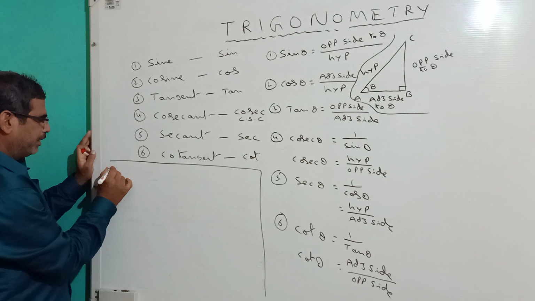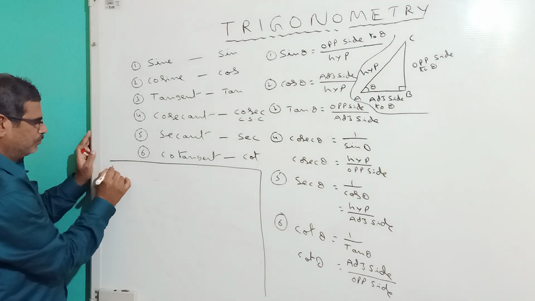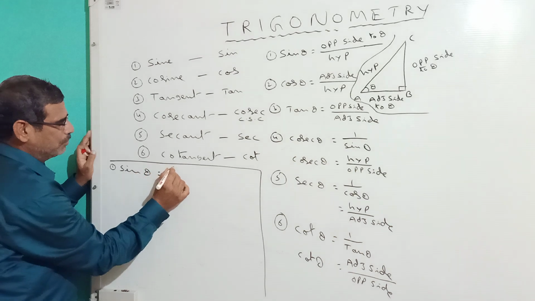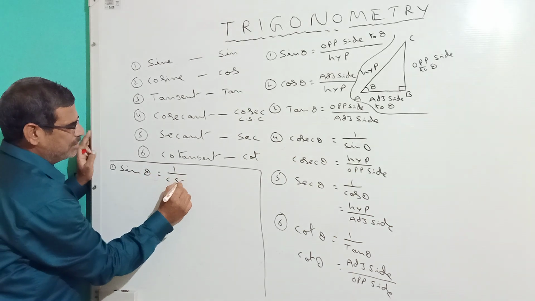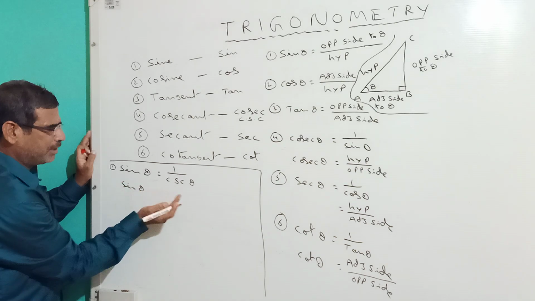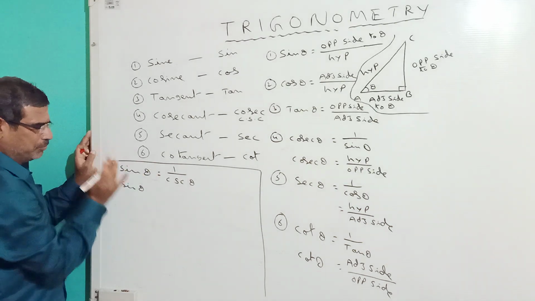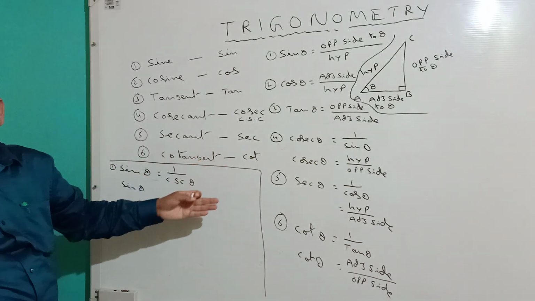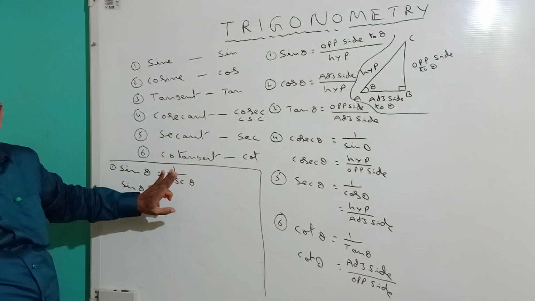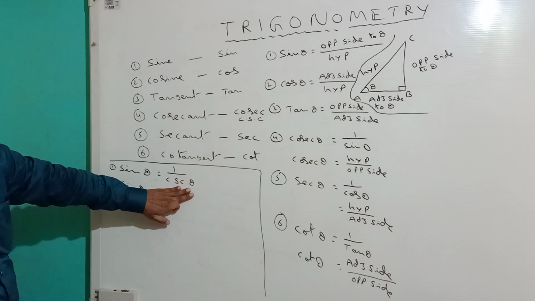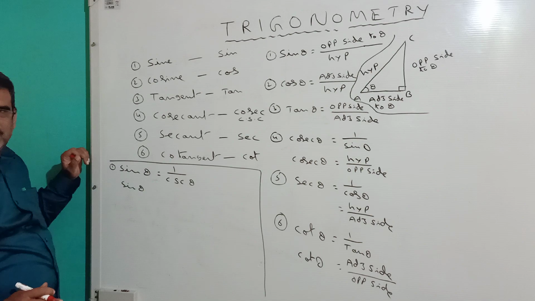Once again, I am writing here. Sin theta is equal to 1 by cosecant theta. So that is sin theta in division. If any number is crossing the equals sign, the symbol will be opposite to the present symbol. Here cosecant theta is division, so it will become multiplication.